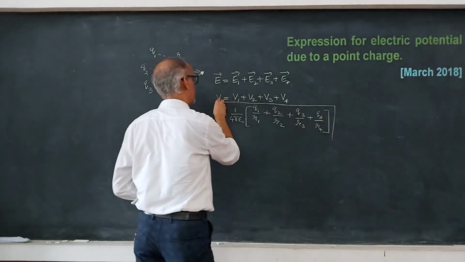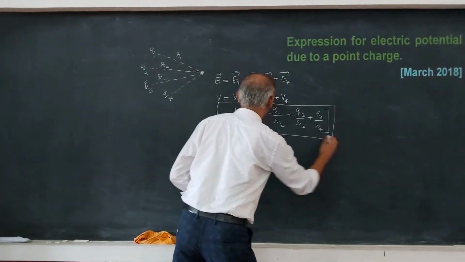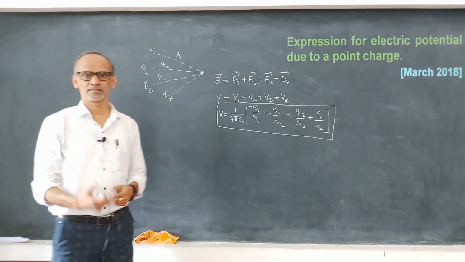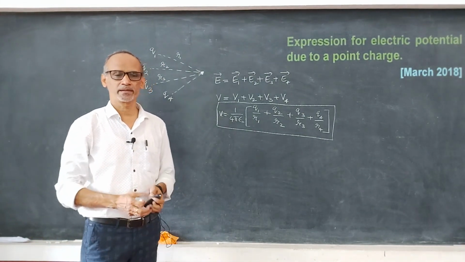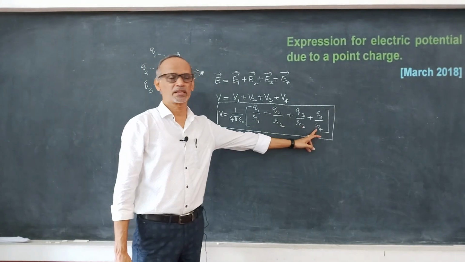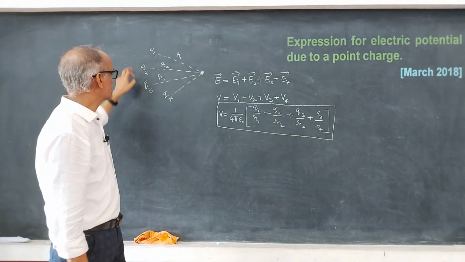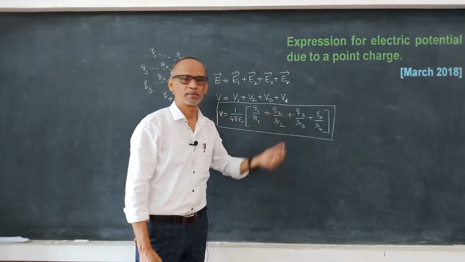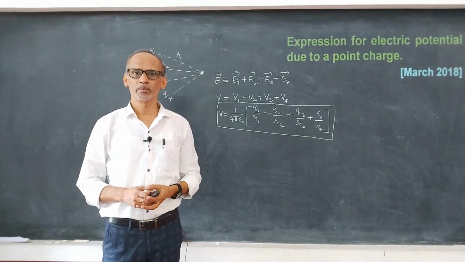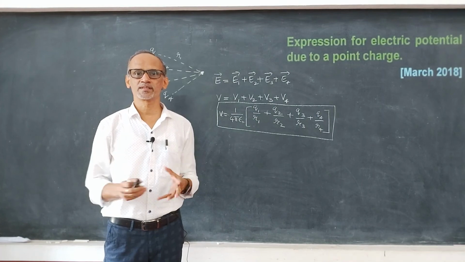So, this is how we find the net potential at a point due to a system of charges. When many charges are there, just add the potential due to each charge. And if there is a negative sign, apply the sign in this particular equation. So, this is an important equation to find the net potential due to a system of charges.